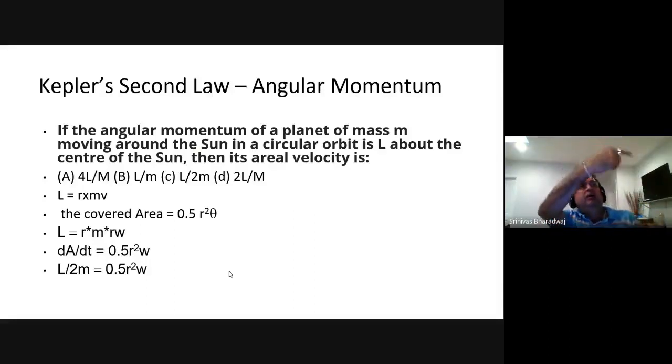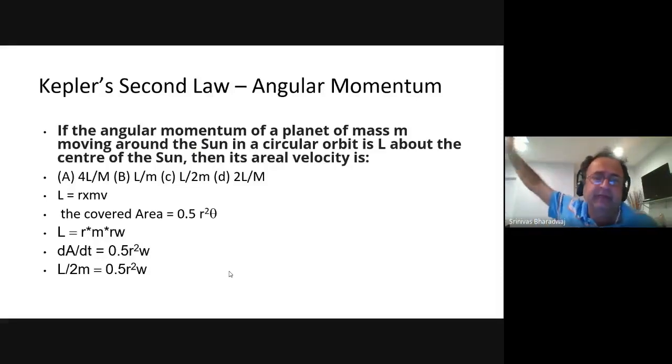So if you counted for maybe 1 month, the areal velocity covered by the Earth and by Pluto, Pluto is the farthest of the planets. Now, the areal velocity covered by Pluto and the Earth will be the same.